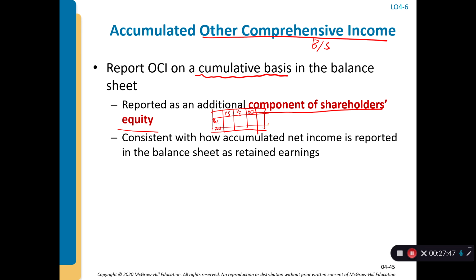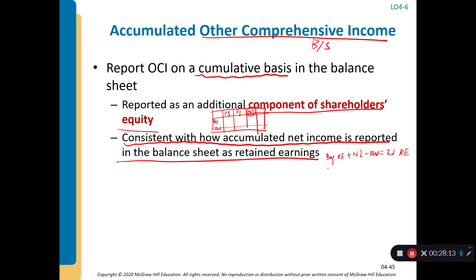So you have an extra column in the statement of equity, and it should be consistent with how cumulative net income works in the balance sheet. Remember, we say that the beginning retained earnings plus the net income minus dividends equals ending retained earnings.